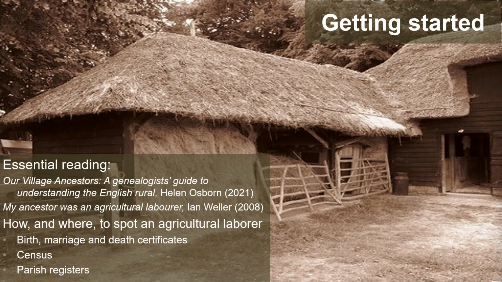A little bit first, though, about where these agricultural labourers pop up. And you're most likely to encounter them with fairly familiar records. If you have done any research into your English ancestry, you should be familiar with our system of birth, marriage and death certification from 1837 onwards, where usually, but not always, the occupation of the parents registering the birth of a child are noted.